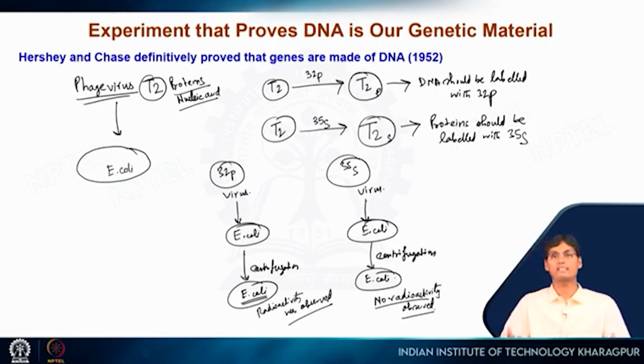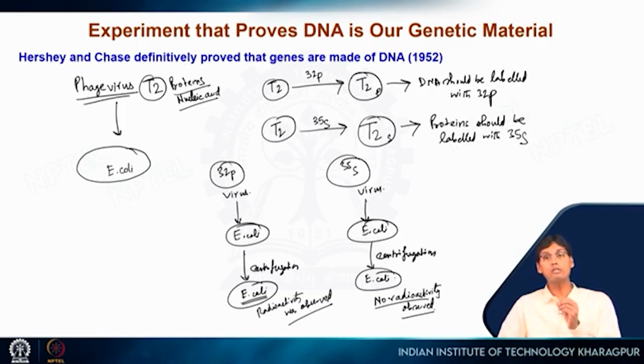So it proved that when T2 infects bacteria, it can multiply and make a huge amount of phage virus from the E. coli cell. So there should be some gene playing this role. From this experiment, it was shown that when phosphorus is labeled, it can be detected inside the bacteria.